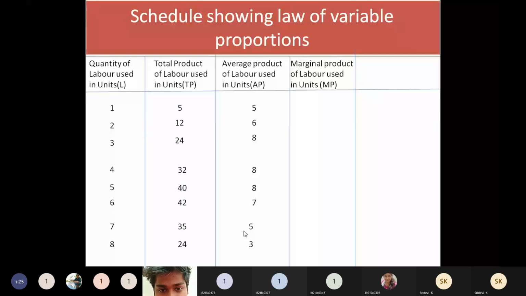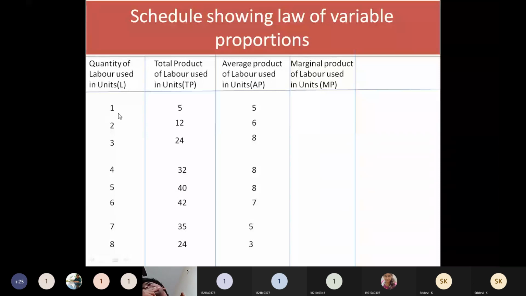If you still want to increase your workers, that will reduce the production. If you add 3 additional workers, slowly the production is reduced to 3 per person, which is less than even when you used one single worker.